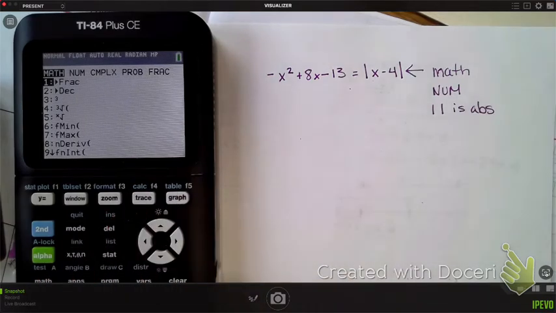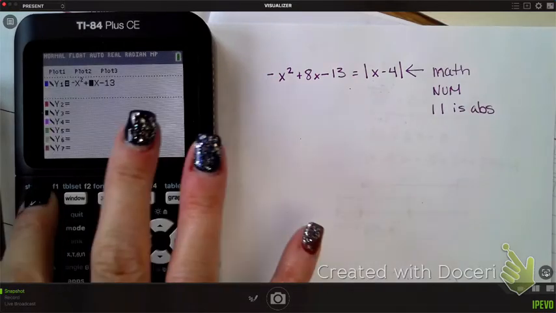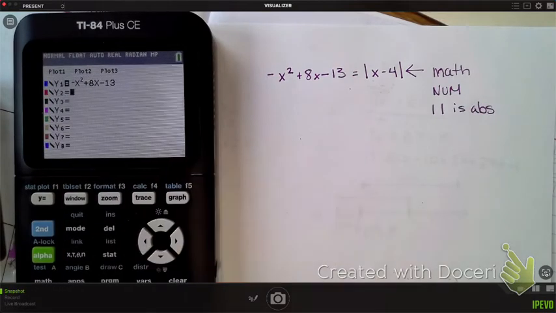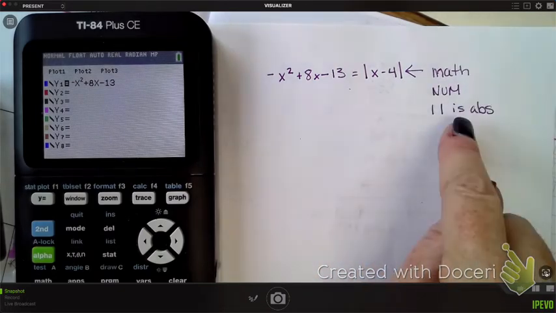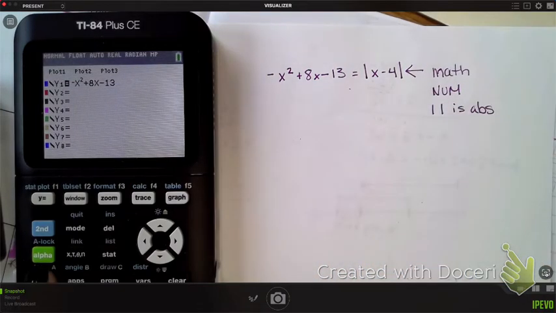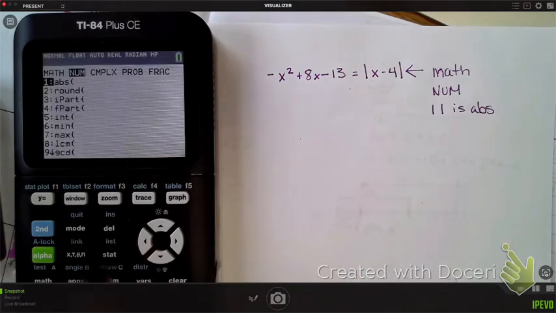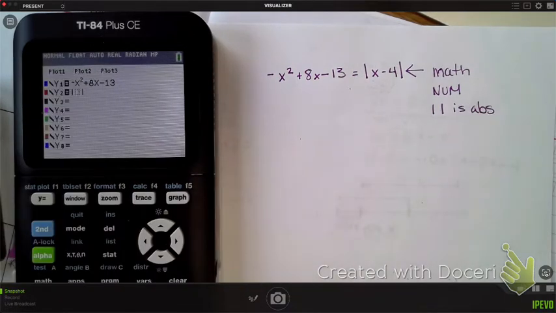Yes. I messed up and I deleted everything. Okay, so go to Y2. And how do I get the absolute value? Math. Numbers. 1. Okay, so math, number, and ABS is 1. On the old calculators, they put parentheses, and there's an ABS there. On the new one, we have an actual absolute value.